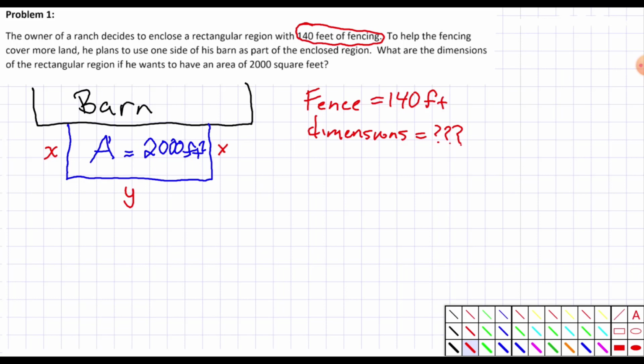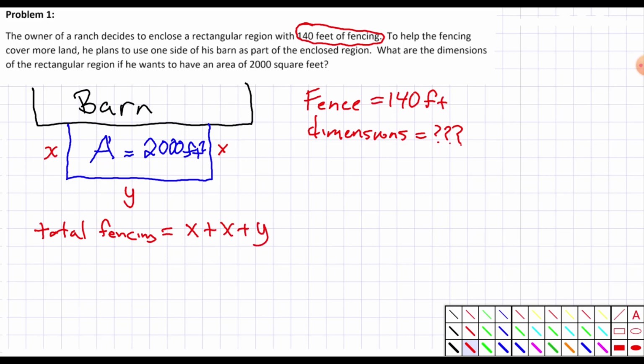One thing I know is that the total fencing is equal to 140. Let me write an equation. Total fencing can be found in this problem by adding my 3 sides together: x plus x plus y.